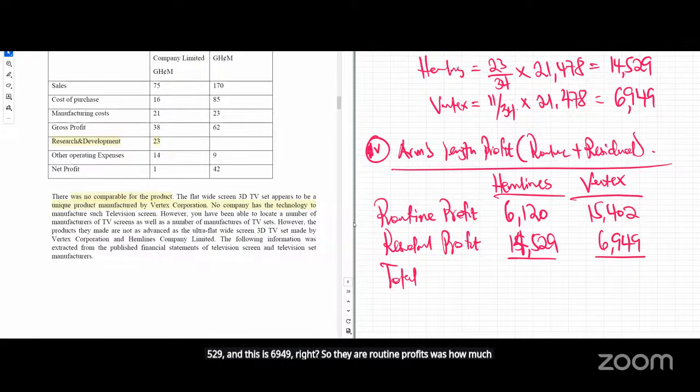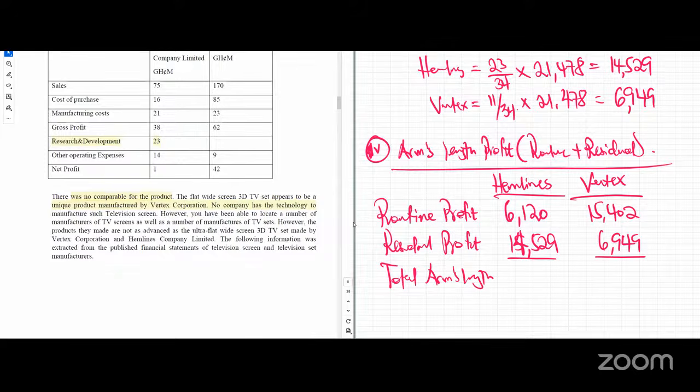Their total arm's length profit will be what? 6,120 plus 14,529. This guy makes 20,649. And then the other guy, 15,402 plus 6,949, is 22,351.